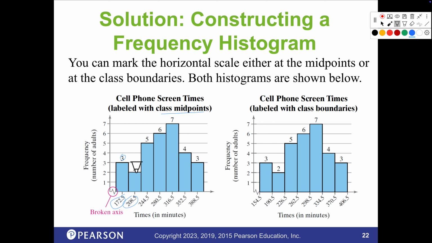The other way to do it, depending upon how they ask for it, is with class boundaries. And notice this has the 154.5 to 190.5. And again, nothing's going to be on the boundaries themselves. They'll be in between. And again, the same bar has a frequency of 3. So I can represent it either by the midpoint or by the class boundaries. Okay.